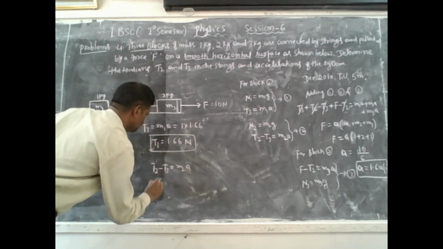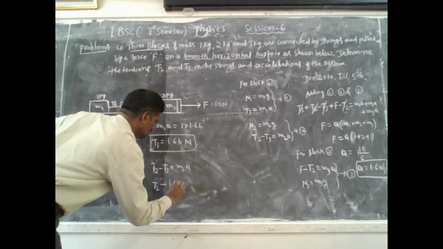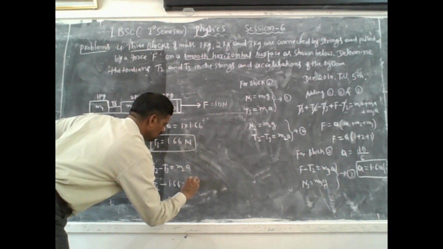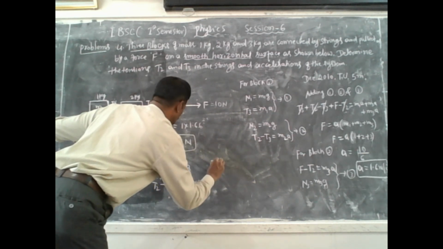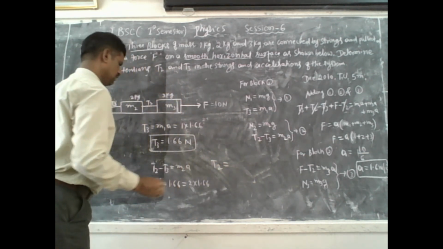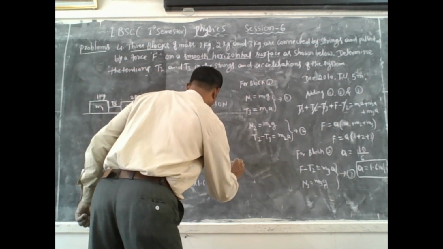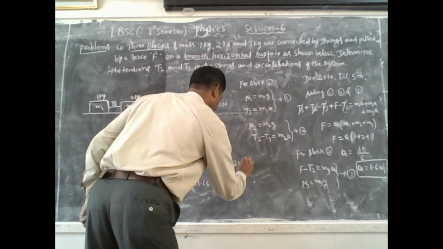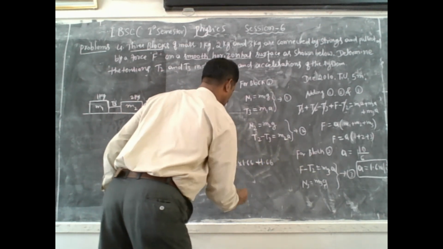So T2 minus T3 is equal to M2, which is 2 kg, into acceleration 1.66. Therefore, T2 equals 2 into 1.66 plus 1.66, isn't it?